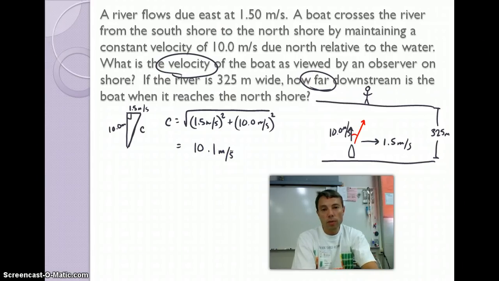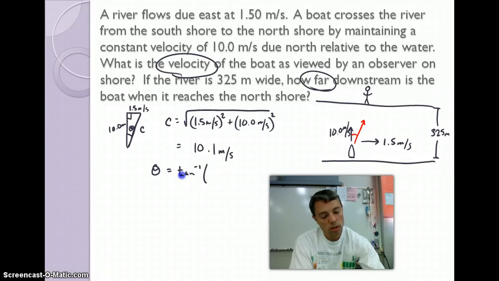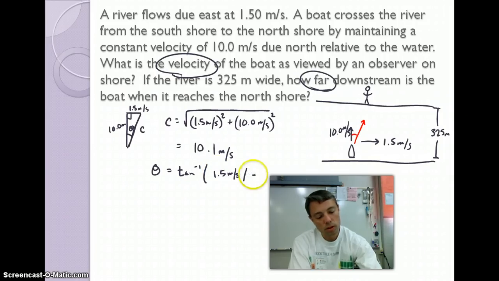So now I also have to have the direction component to this to make this a good vector, because it is a velocity that I'm looking for. So I need to now find the theta, and to find the theta, theta is equal to the tangent inverse of my side opposite divided by my side adjacent.